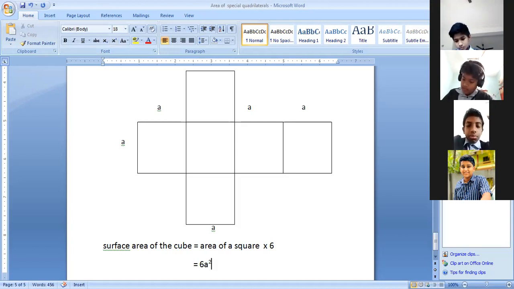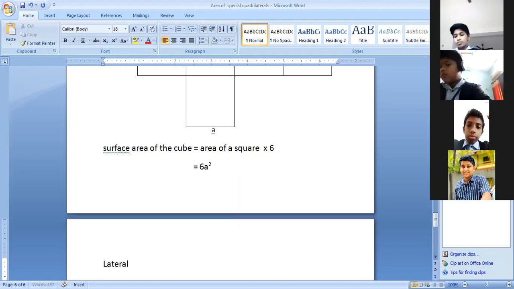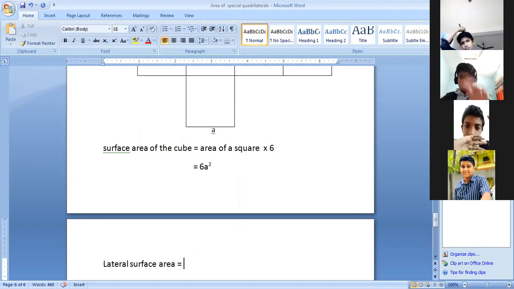Then tell me what will be the lateral surface area of that cube? In the case of lateral surface area, how many faces are we considering? Will you consider the base and top? No, miss. So out of the 6 faces, we will omit 2 faces. 4 faces we will consider.